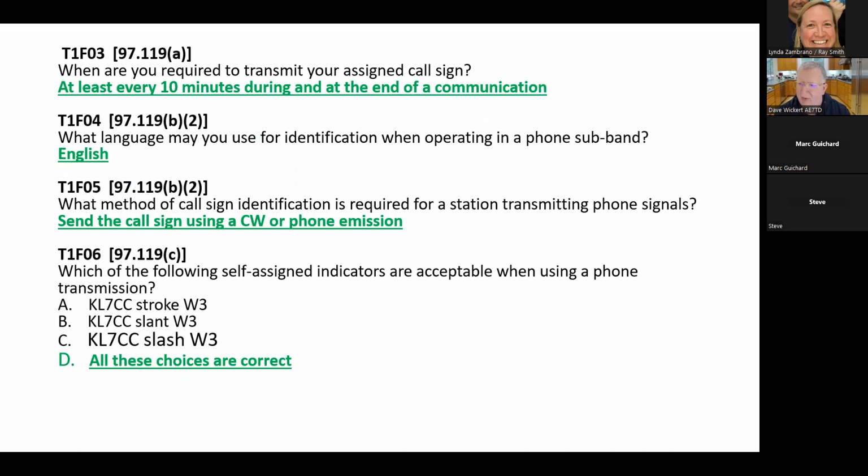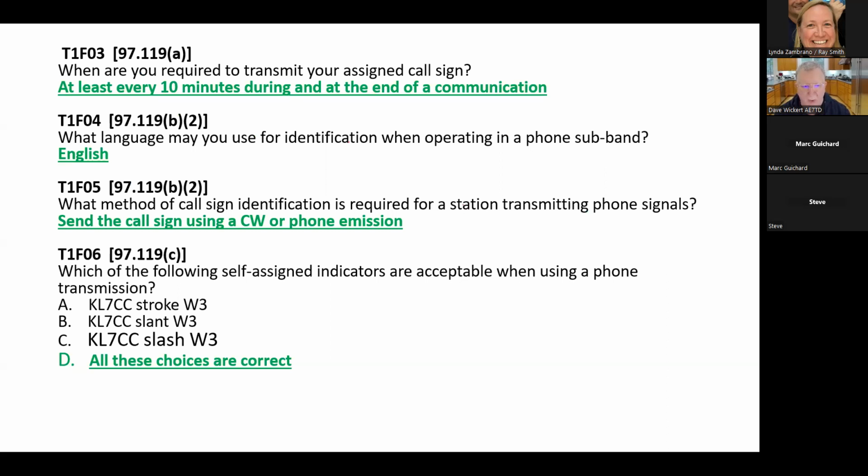When are you required to transmit your call sign? At least every 10 minutes during, and at the end of, the conversation. You must use English to identify yourself. You're not required to use English when you talk on the radio, but you're required to use English when you're identifying yourself. And you're welcome to send your call sign either verbally or using Morse code.